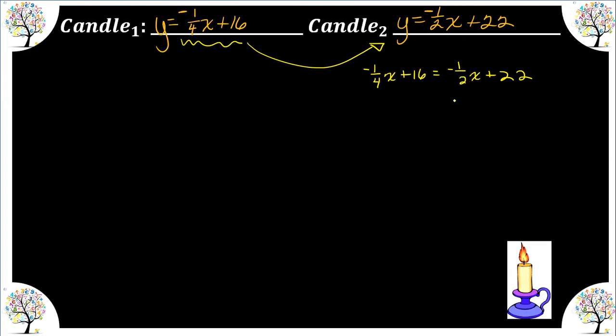So I am going to add 1/2 X to both sides. And then this gives me, so when we add these together, we are going to get a fourth, and it's going to be positive 1/4.